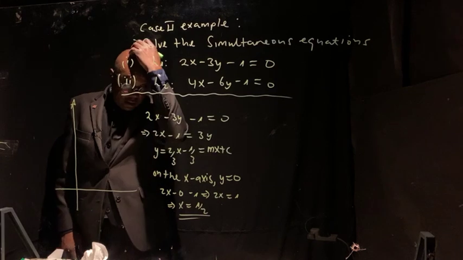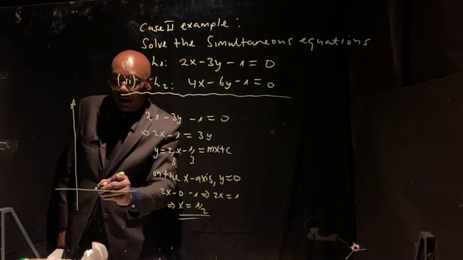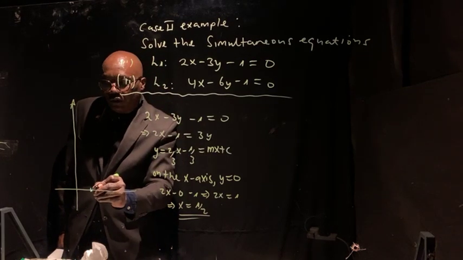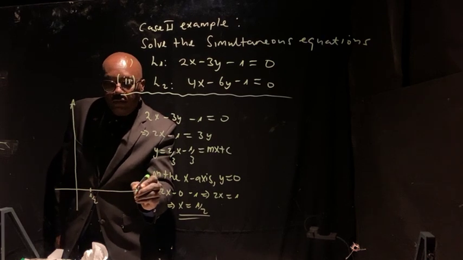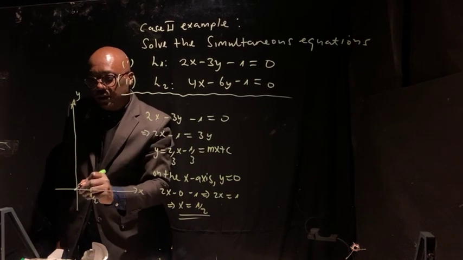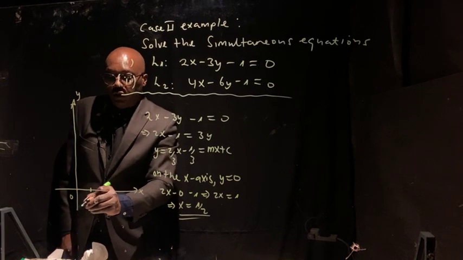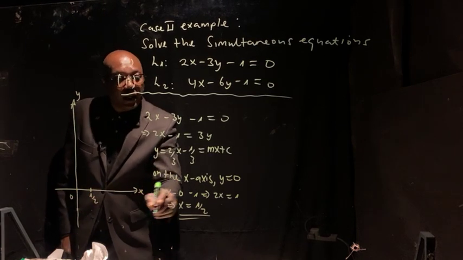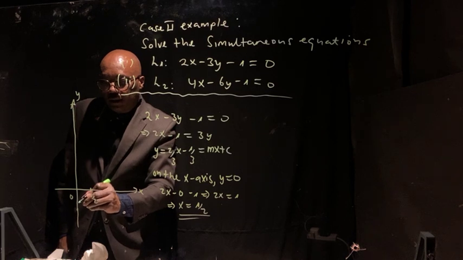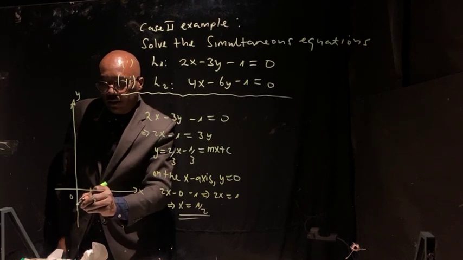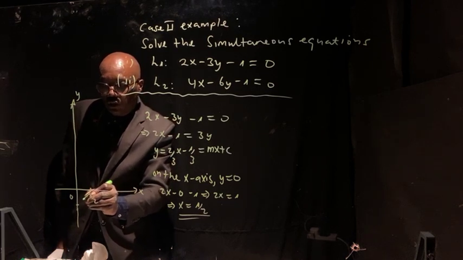So it crosses the x-axis at half. Let's assume here is half, x equals half. This is y, and this is the origin. Then it crosses the y-axis at minus 1/3, let's say someplace like here. This is just a rough sketch.